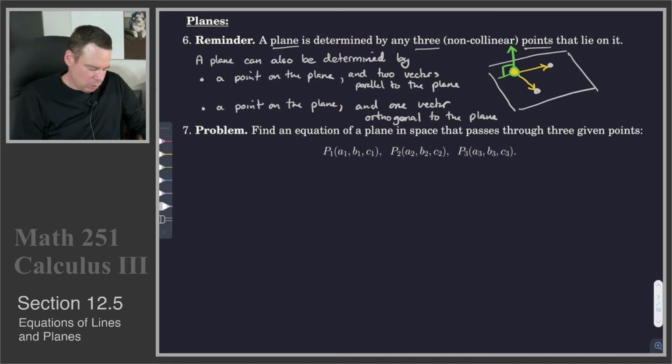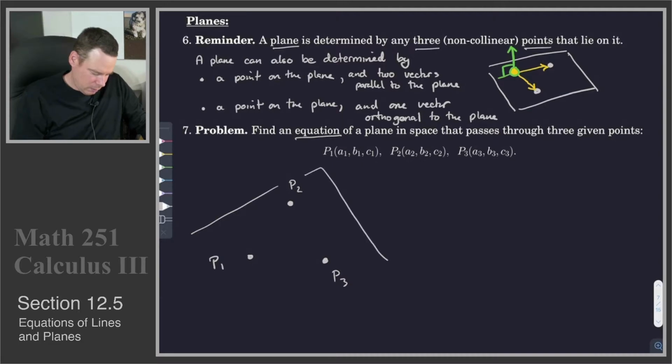So that leads us to finding the equation of a plane. Imagine we've got these 3 points. So we've got P1, P2, P3. Let's label them. They define a plane, and what we're interested in is coming up with an equation for that plane.